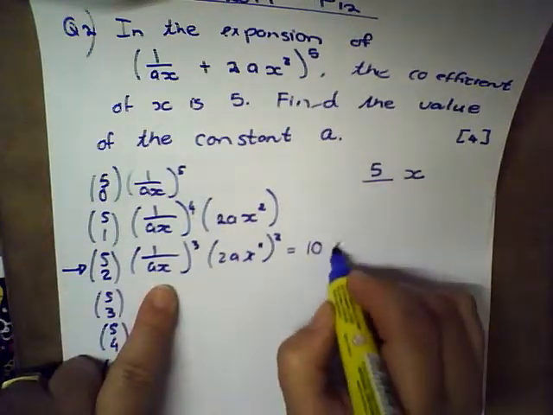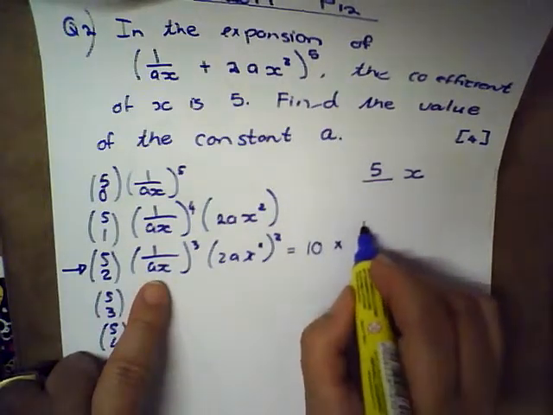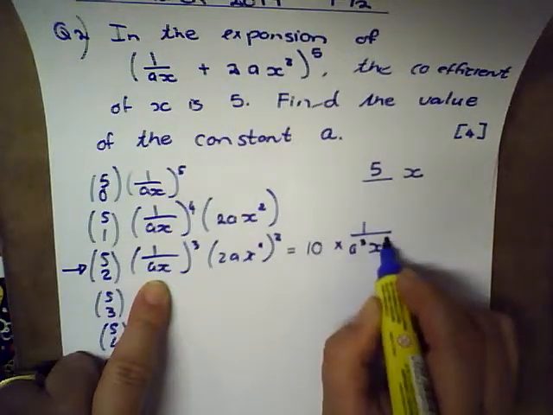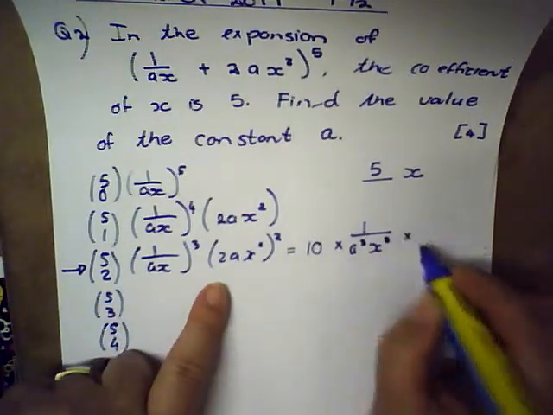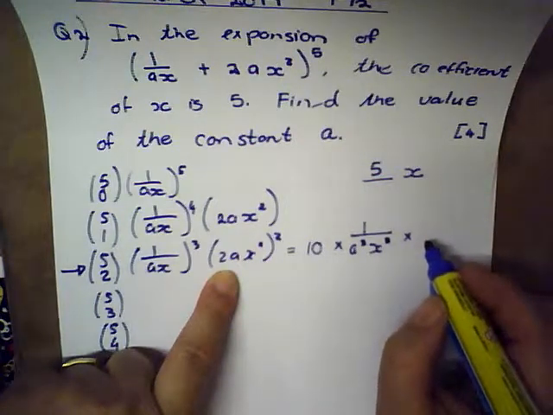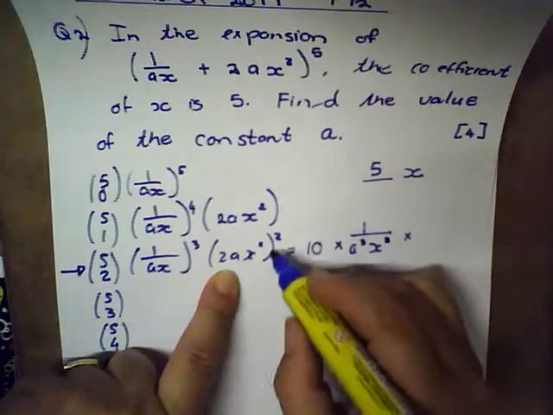Okay, times, because all of these are multiplied with one another, (1/(ax))^3 times (2ax²)². So you need to use your information from chapter 2 in your textbook, all the exponent rules and index rules to simplify these.